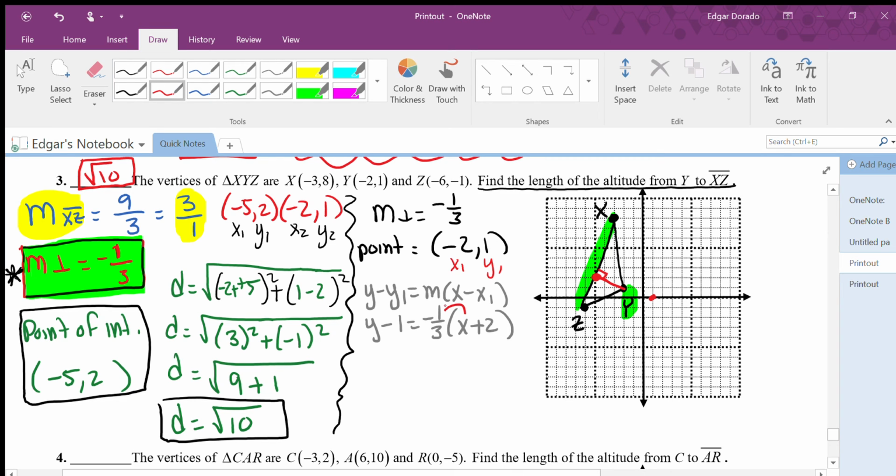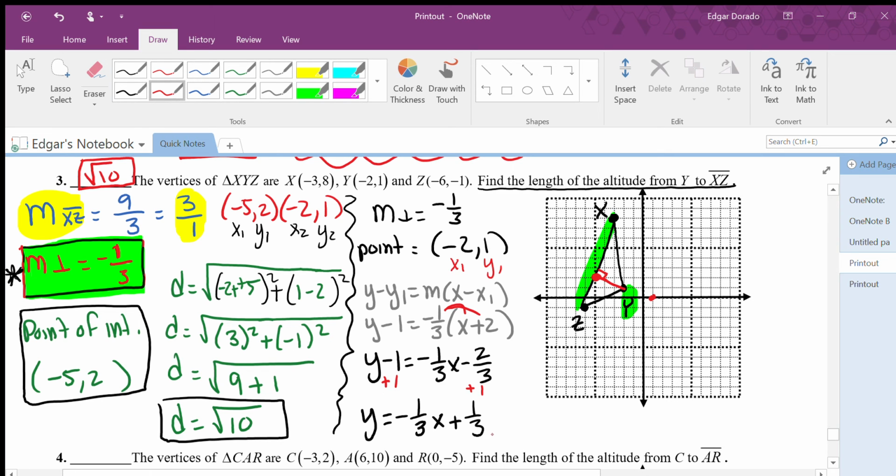What do I do from here? Well, I distribute. This is going to be y minus 1 equals negative 1/3 x minus 2/3. Last thing I have to do is add 1, and you can do it on your calculator, guys. This is going to be negative 1/3 x plus 1/3.